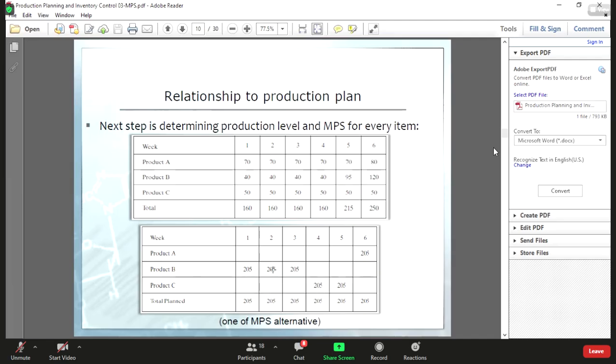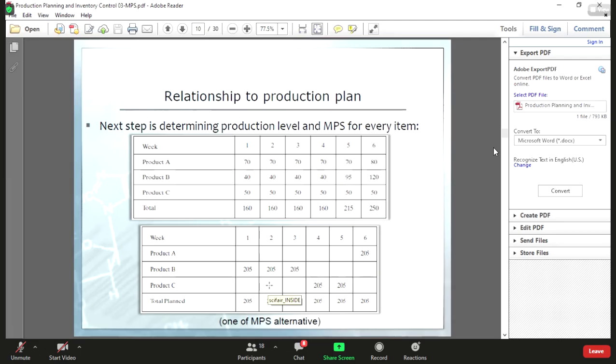But in period 2, is it a good decision? Just evaluate. Product A still has stock, but for product C, the stock is already over.